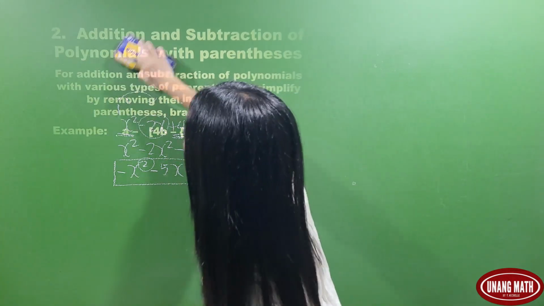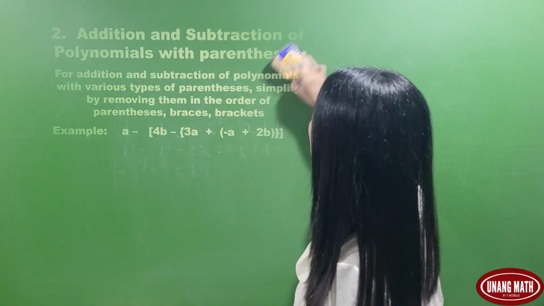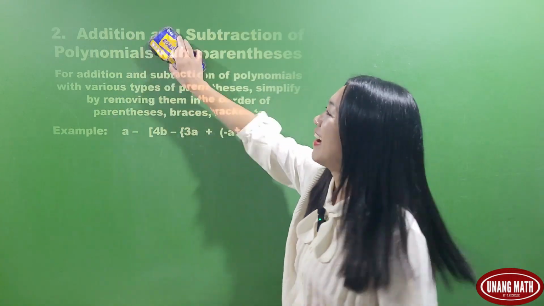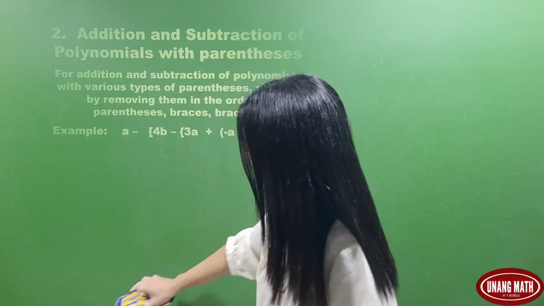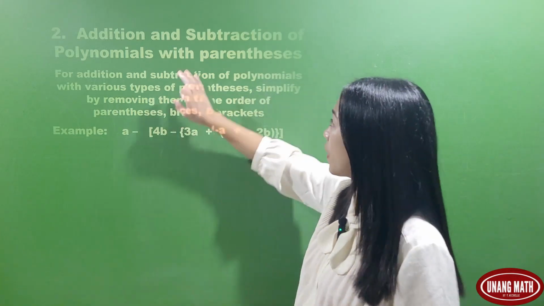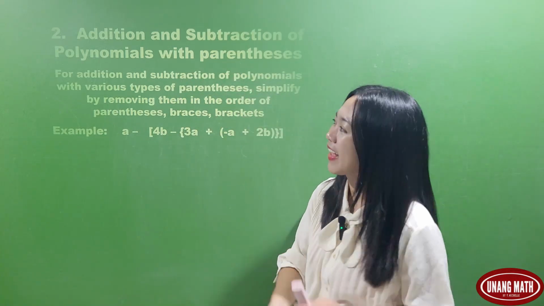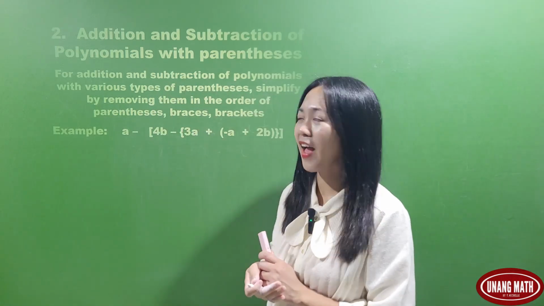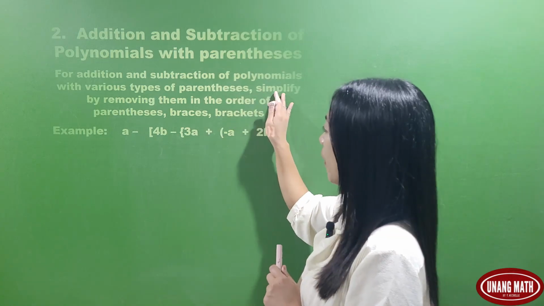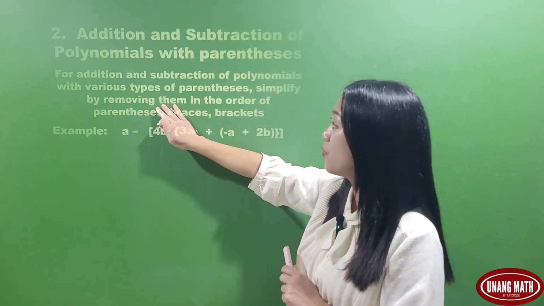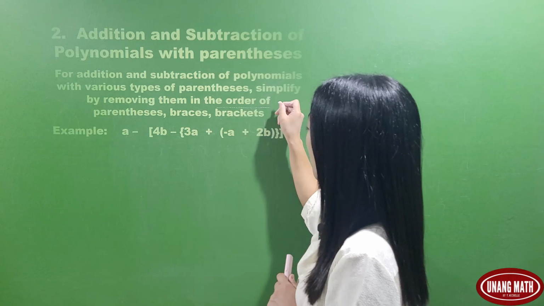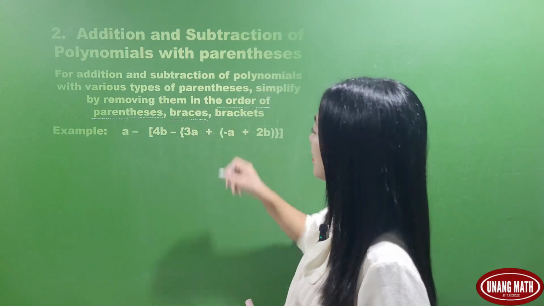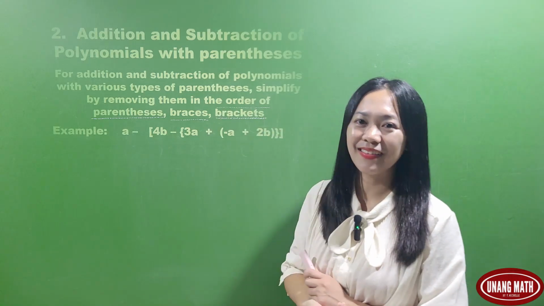Okay, moving on. What about if the polynomial expression has several kinds of parentheses? How are we going to add and subtract polynomials with them? For addition and subtraction of polynomials with various types of parentheses, we have to simplify by removing them in the order of parentheses, braces, and brackets.